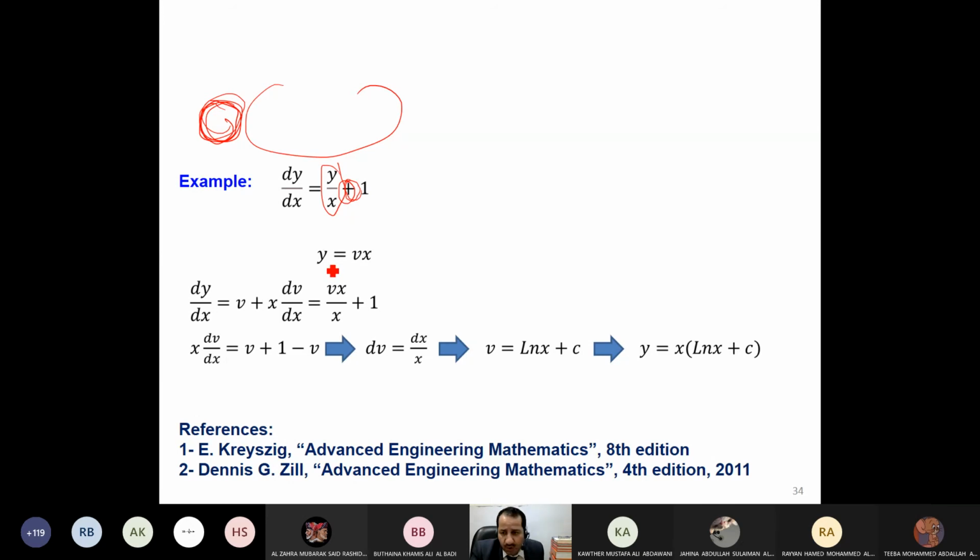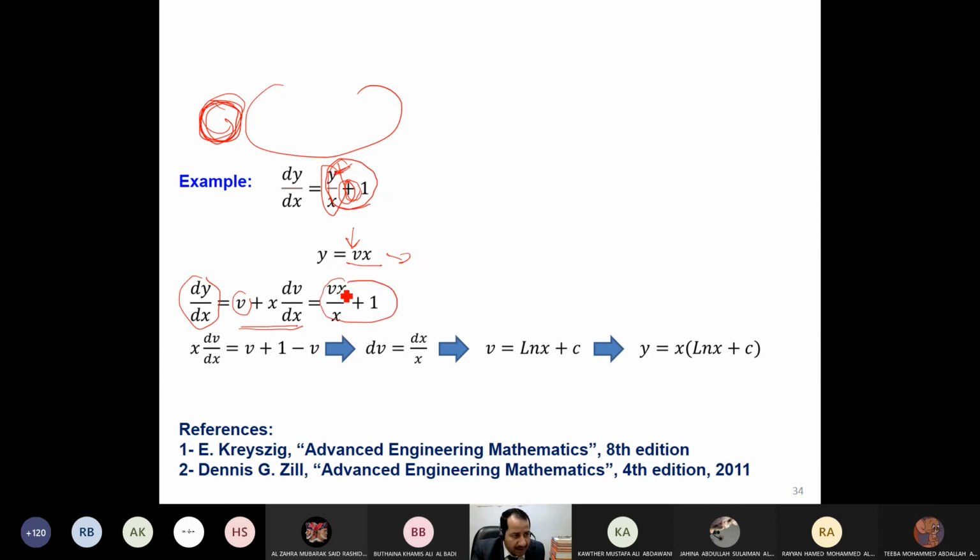Y, I will assume y equals vx. V is another variable. It's like substitution, algebraic substitution. Then if I want to differentiate, this dy over dx will be v dx over dx plus x dv over dx, right? In this way. I equate it to this expression.